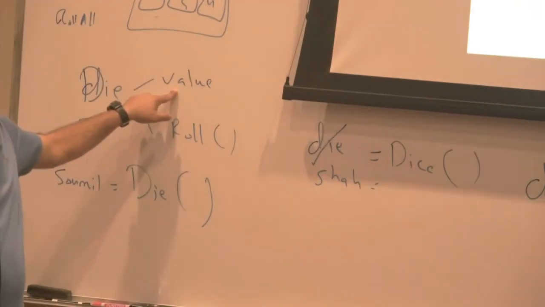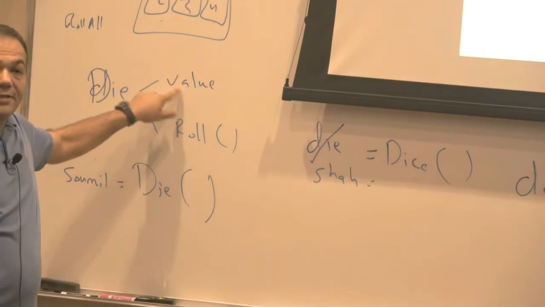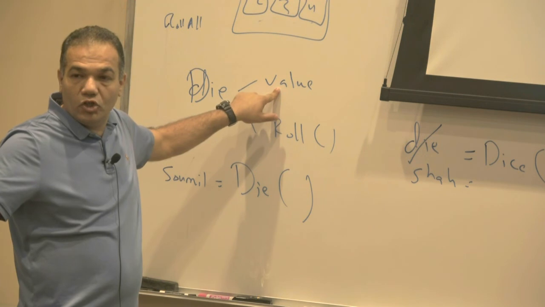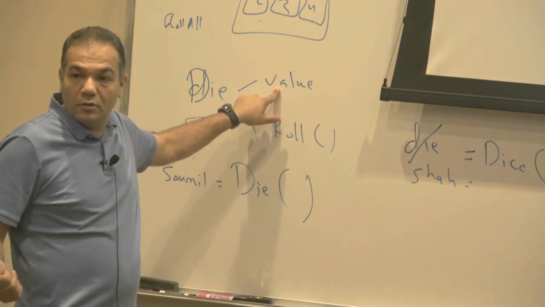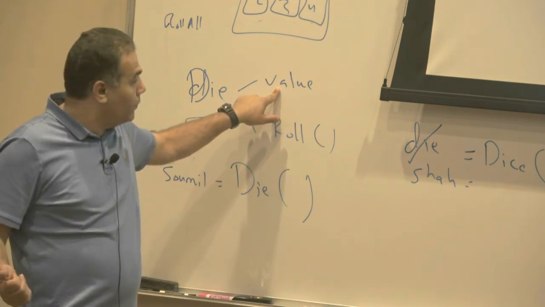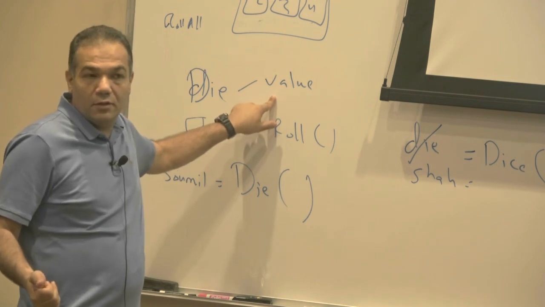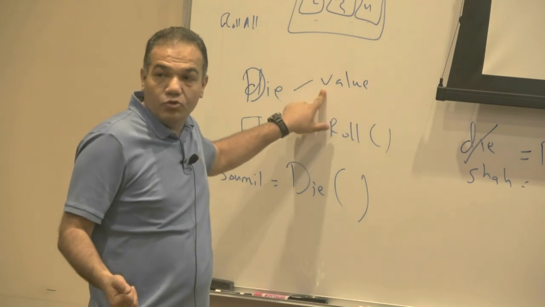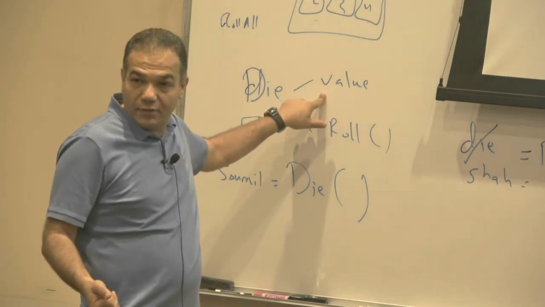That means from anywhere you could access and change this value, from the main function or any function outside. But if you make it private, you have to have a function inside the class to change it, alter it, or access it.